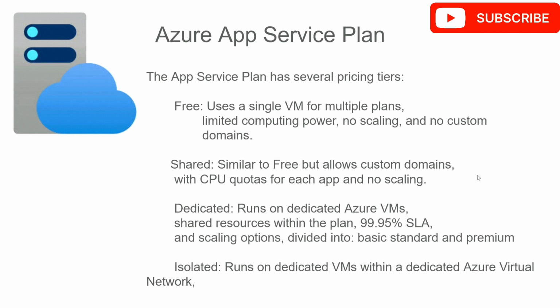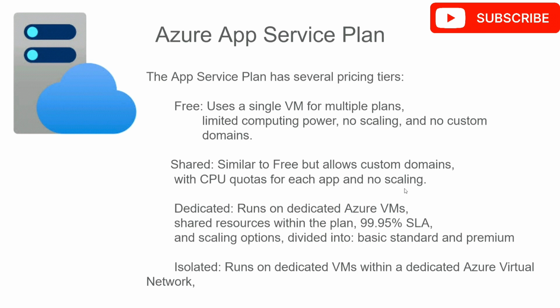Shared means your computing power is being shared by others, and free is for testing purposes. There you don't get any scaling power, and there is limited computing power as well. While deploying, we will see the different pricing tiers.